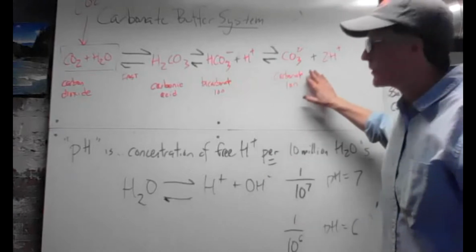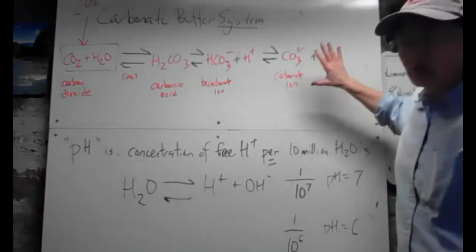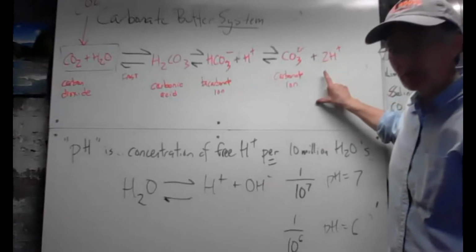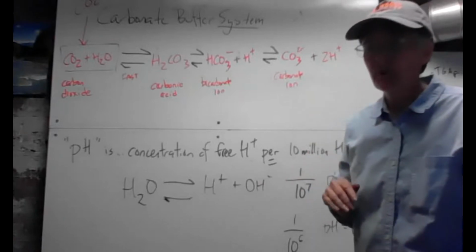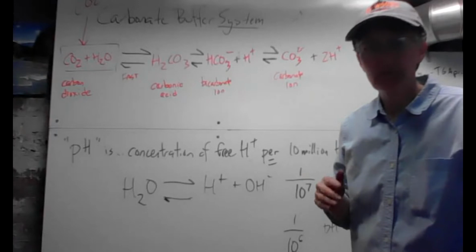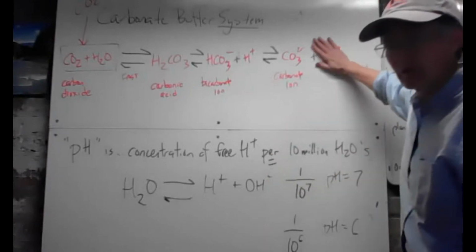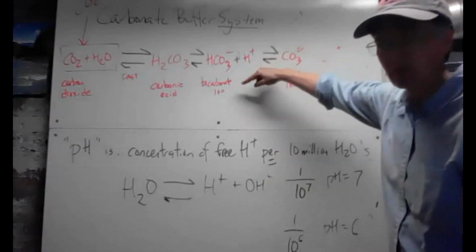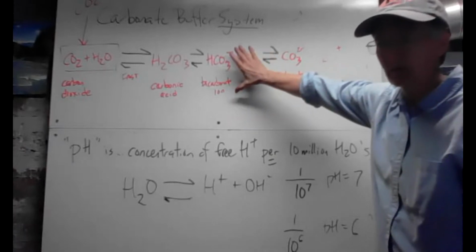Same thing's true if the lake was dominated by carbonate ions. Now, the lake is going to be dominated by carbonate ions if there are very few available protons. Because if there are any available protons, they're going to bind to the carbonate and form bicarb.